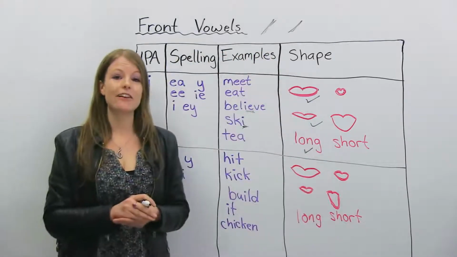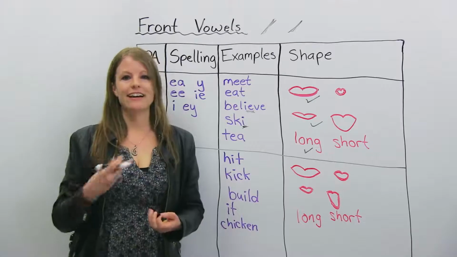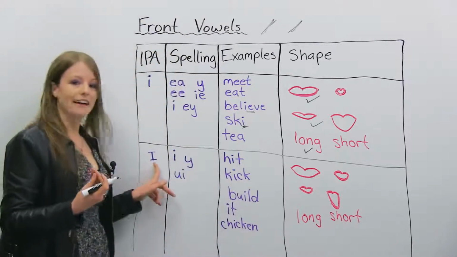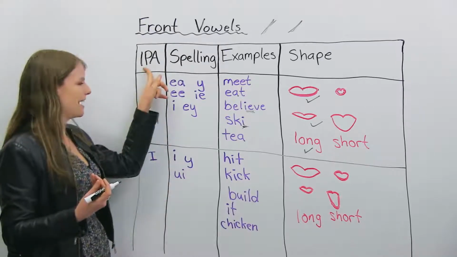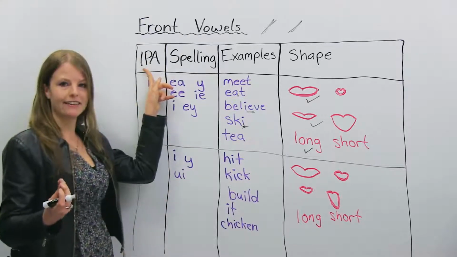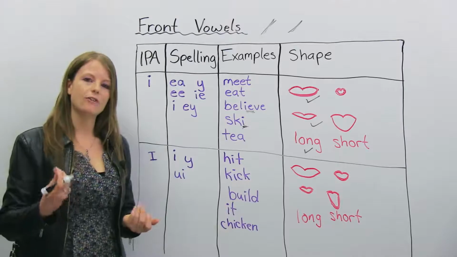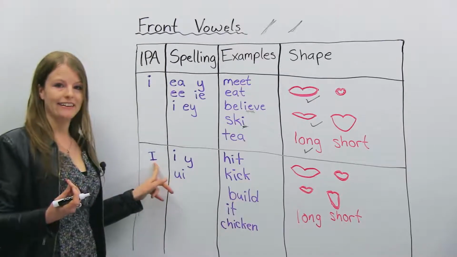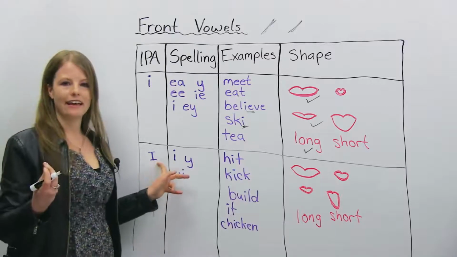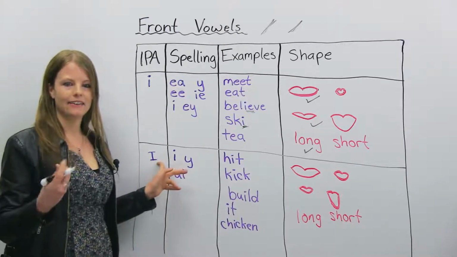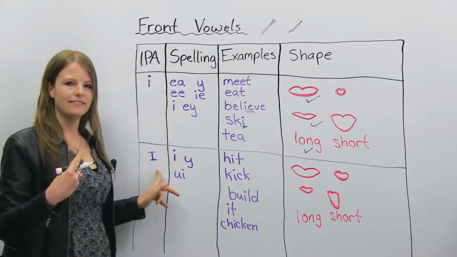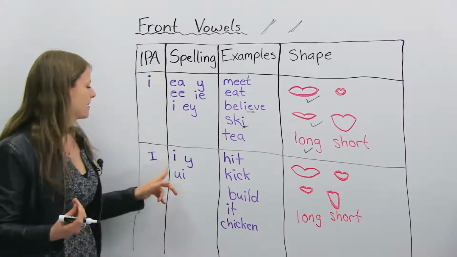Okay, so now let's look at another very common sound that's a front vowel that many students make mistakes with. This sound, in IPA, the International Phonetic Alphabet, if you look in your dictionary to see how this word is pronounced, you'll see a symbol like this. This sound is I. So compare I to E. Okay, so quite different.